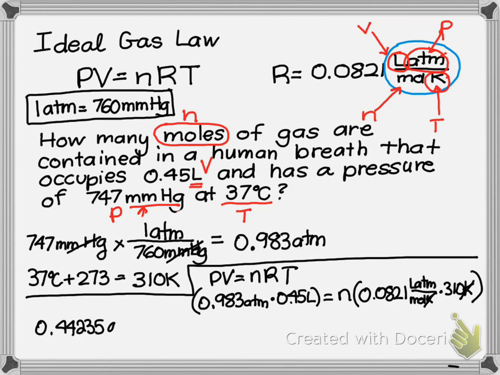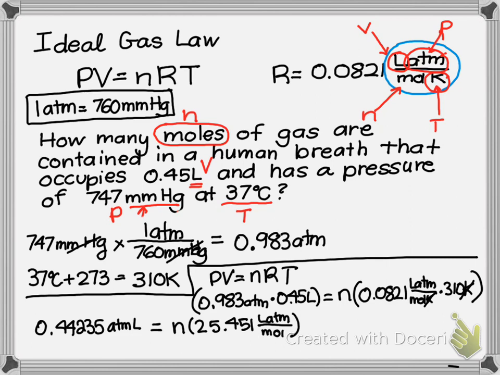The units now would be atmosphere liters if you're keeping track of that. That equals n, and then I'm going to multiply 0.0821 times 310, and I get 25.451. It would still have weird units, liter atmospheres over moles. The Kelvin already canceled.